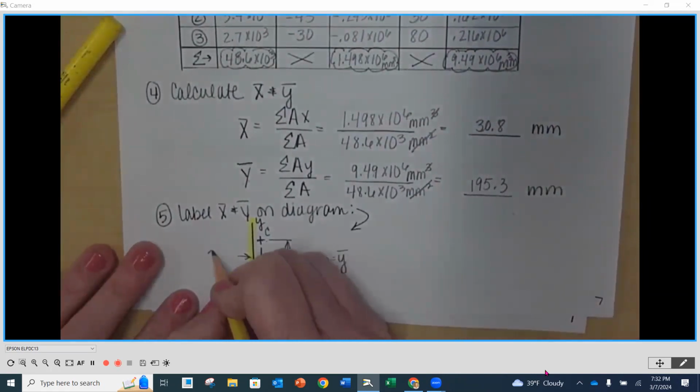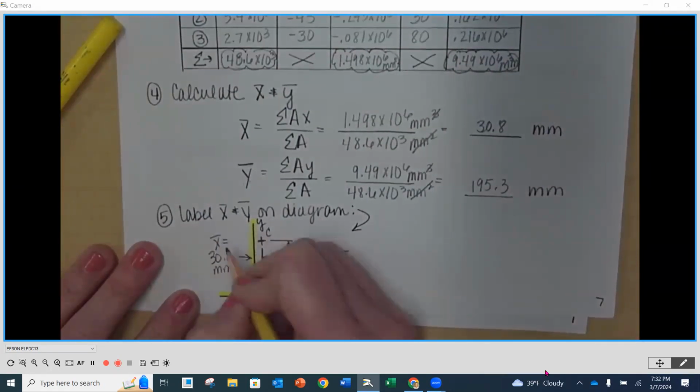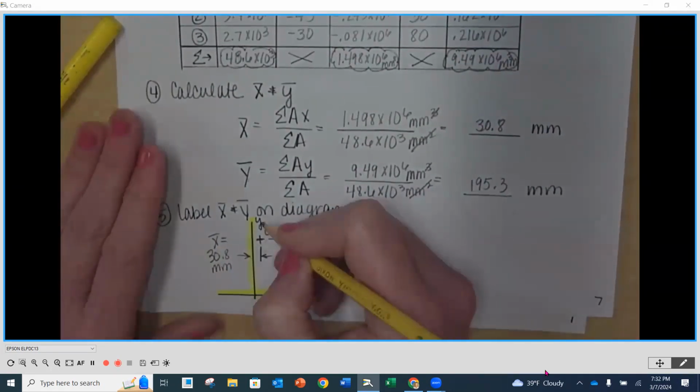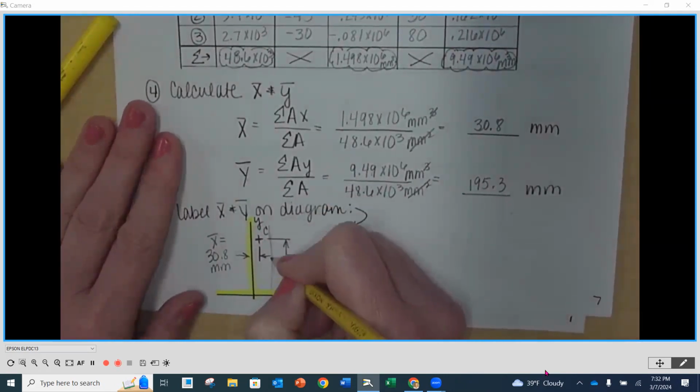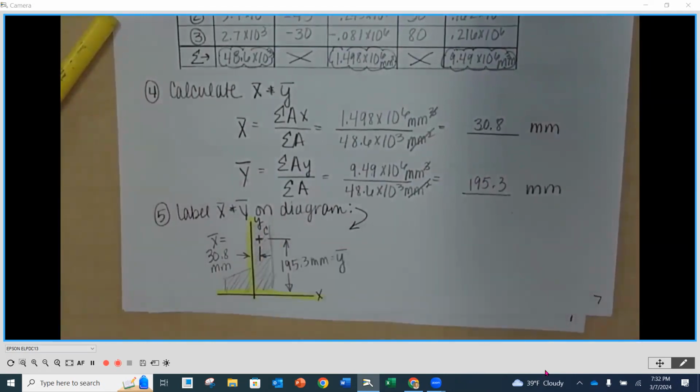So this is going to be our 30.8 millimeters, and this is X bar. And then you could draw the whole shape if you wanted to. But it's just to recognize exactly where that centroid is in relationship to that reference axis, up and over, in this case both up and then onto the right.